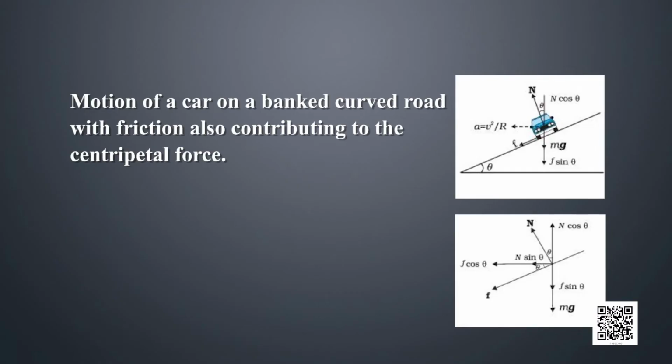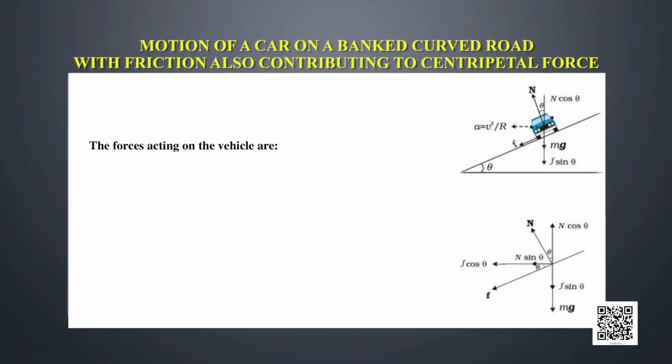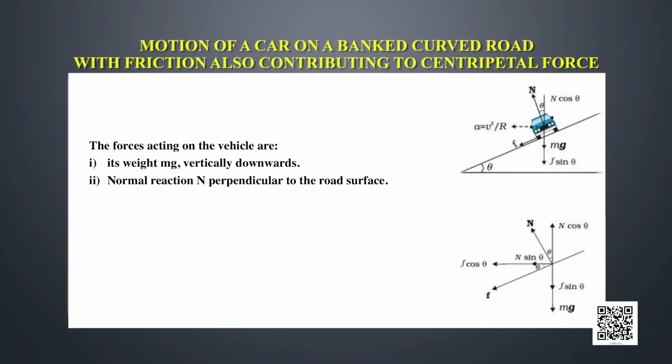Have a close look at this diagram and carefully see the forces which are acting on the vehicle. The forces acting are its weight mg, the weight of the car vertically downward, the normal reaction N perpendicular to the road surface, the force of friction F parallel to the banked road and down the track.